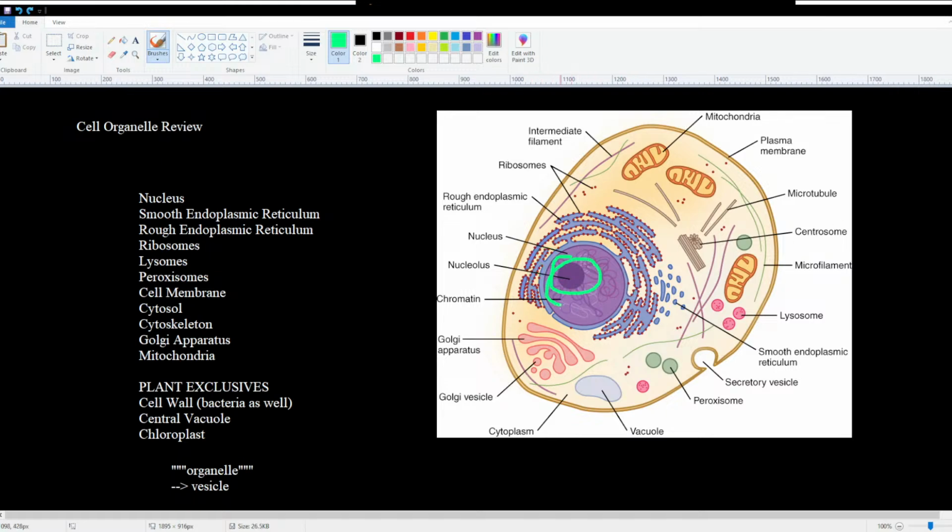So we have the nucleus, right? The nucleus is where we hold all the DNA. That should be clear, right? So what does the DNA do? The DNA is the instructions for life.